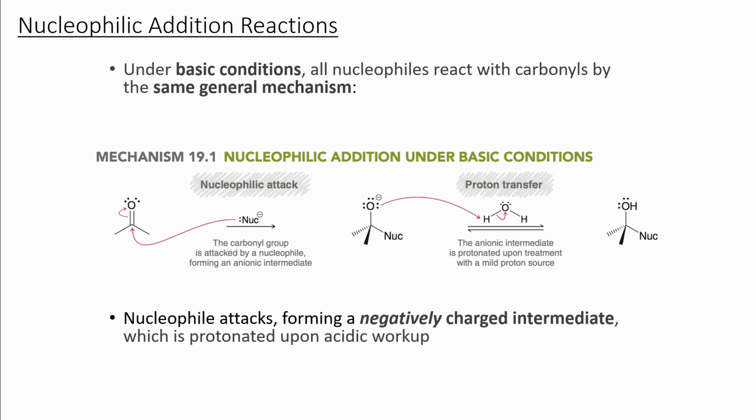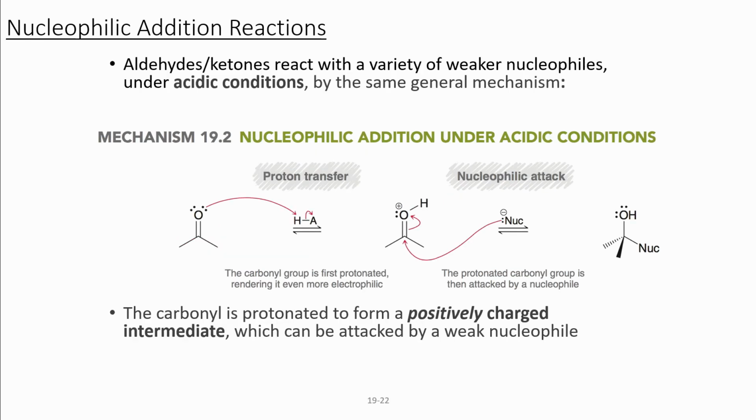And then we can undergo an acidic workup or quench this with some sort of proton source, and that will result in an alcohol as the product, with the nucleophile also attached to the same carbon as the alcohol. And so this is the general mechanism that we can expect for our carbonyl compounds to undergo in basic conditions.